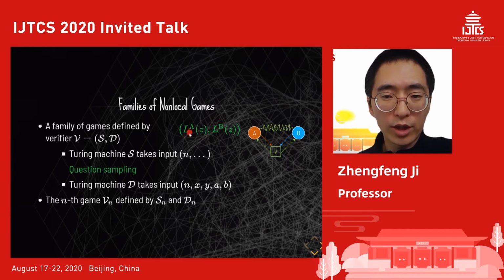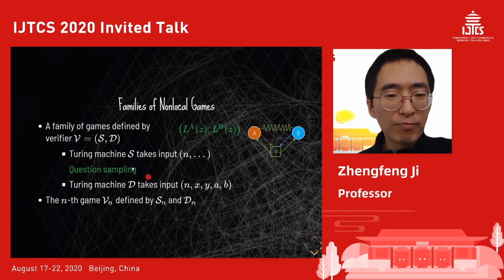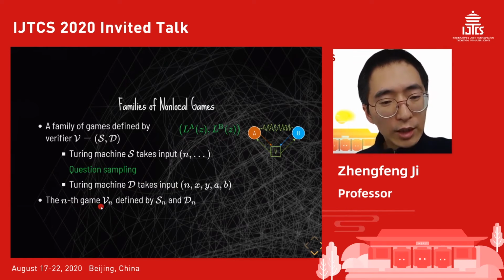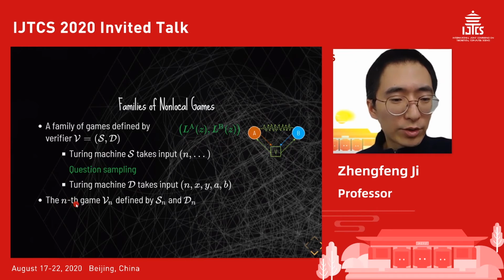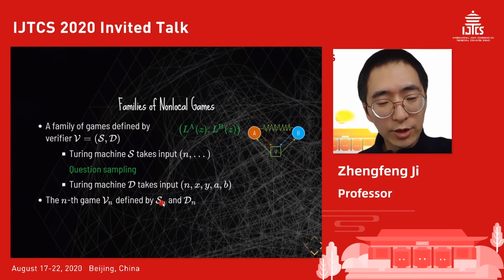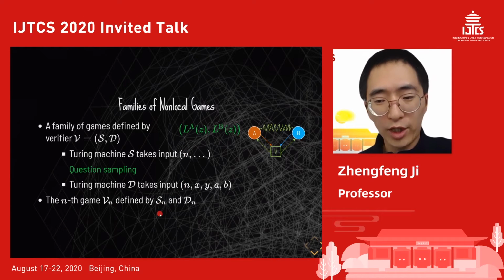And S is modeling the behavior of L_A and L_B. And Turing machine D is the decider, modeling the decider using a Turing machine. And we would say that the nth game of the verifier, denoted by V_n, is defined by S_n and D_n. So we just fix the first input to some integer n.